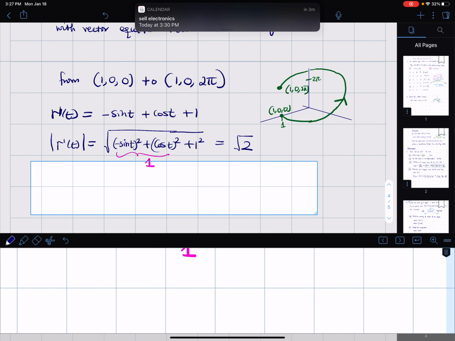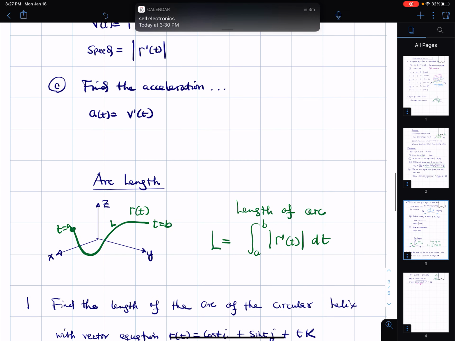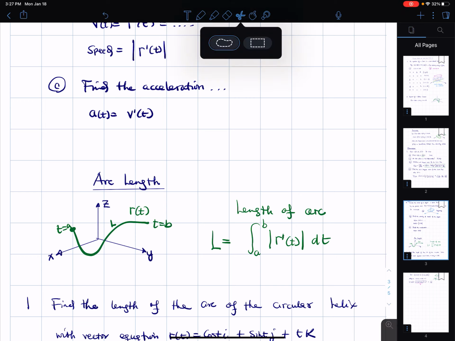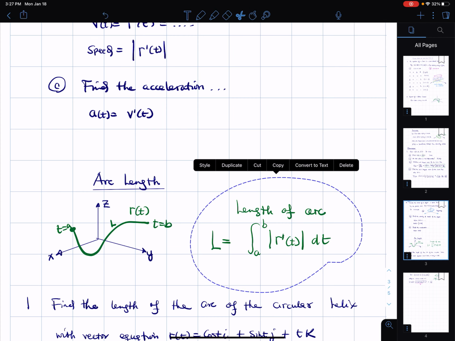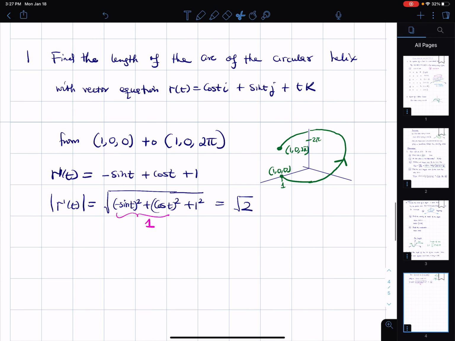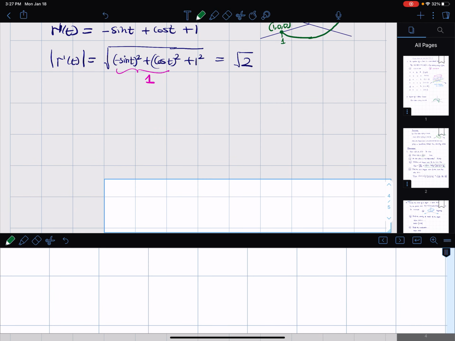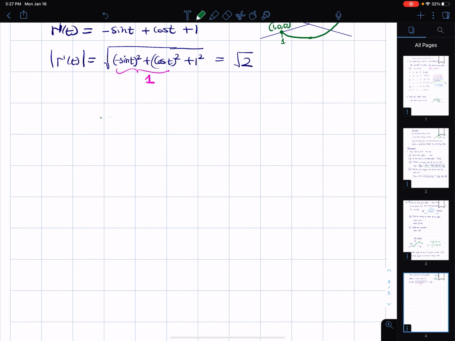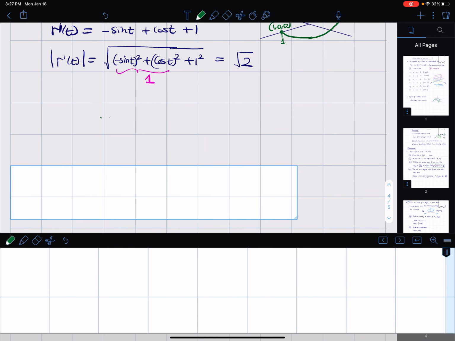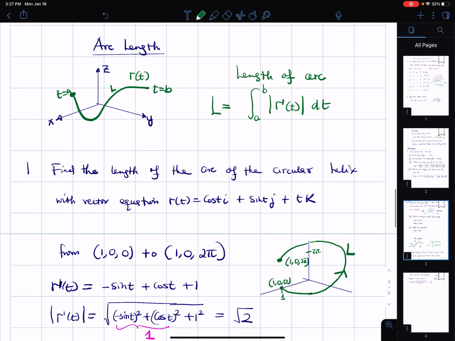Now we're going to use our length of arc formula. Remember, we're asked for the length of arc of this circular helix section. So let's use our formula. Oh, where do I paste it? I copied it and I left it.